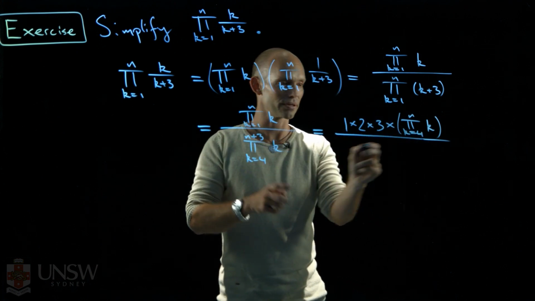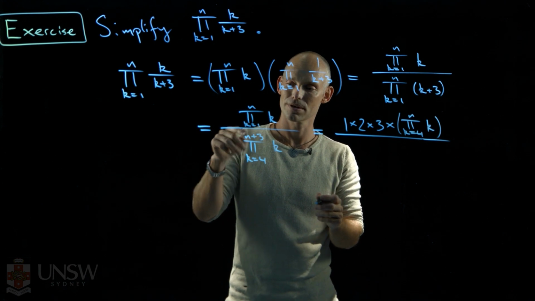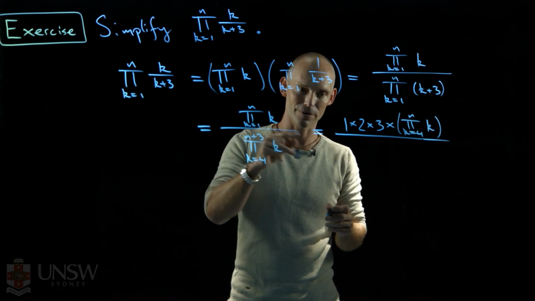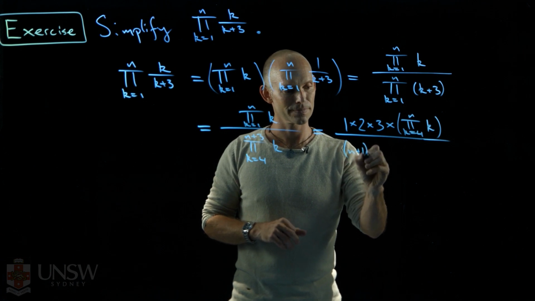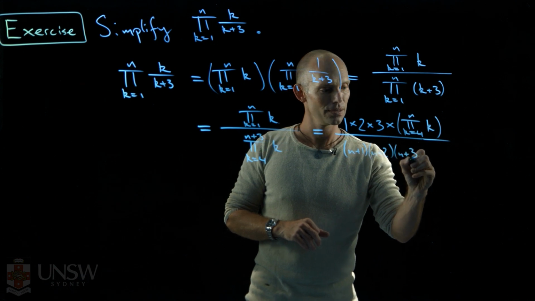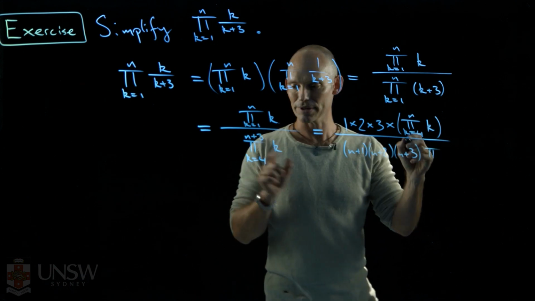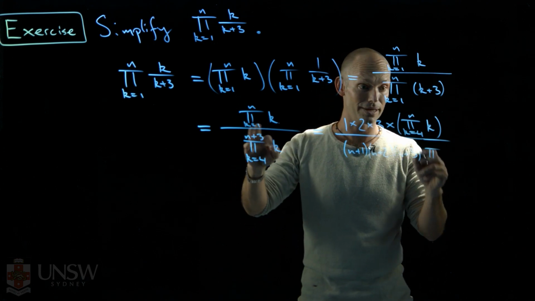And down here, we can get that product there by removing the top 3 terms, n plus 1, 2, and 3. So let's do that. So we've got n plus 1, 2, and 3 multiplied together. And the remaining product is then the product of the terms where k is 4 up to n.